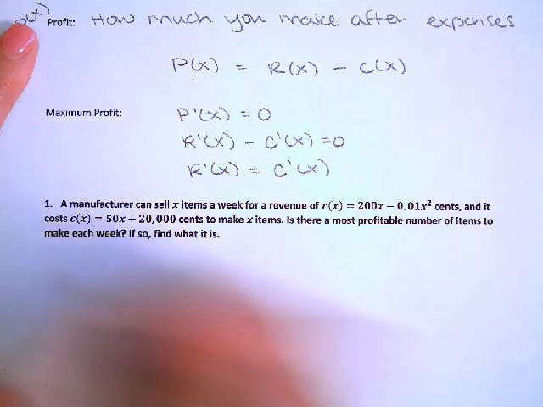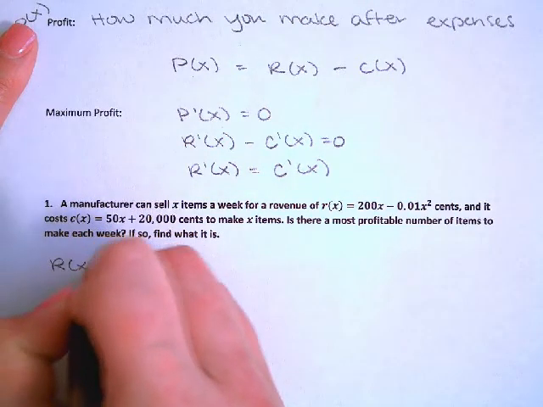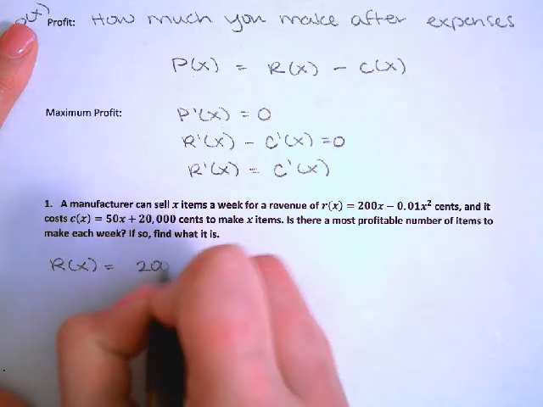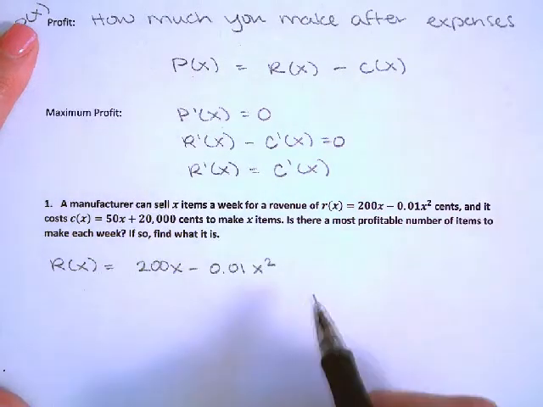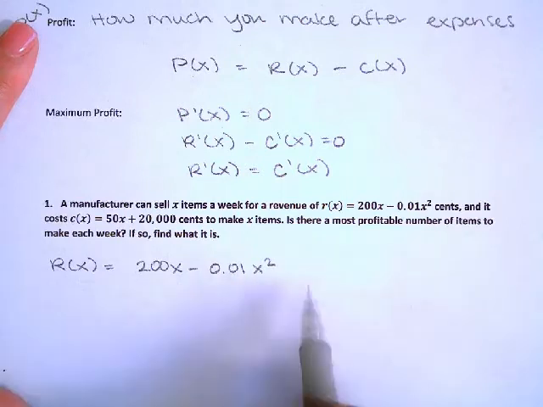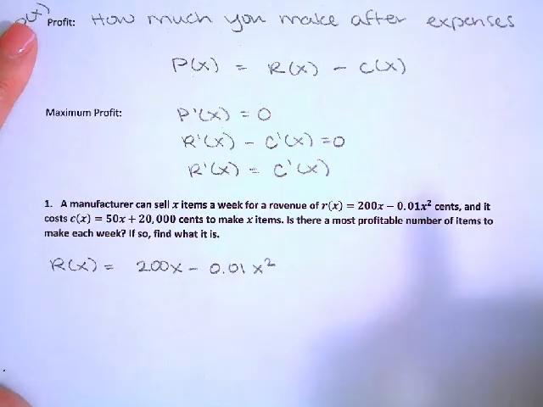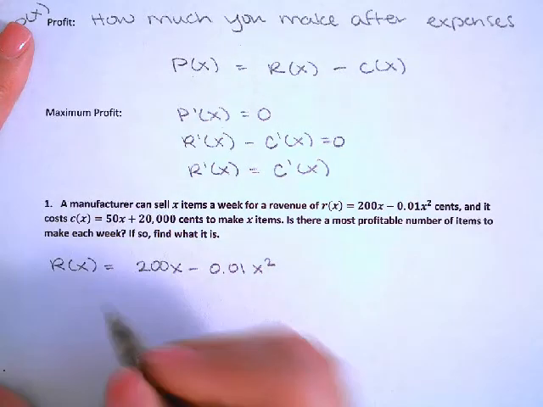All right, so I have R of X was given, 200X minus 0.01X squared. The nice thing about this is that since they gave us R of X, we don't have to do the number of items multiplied by the price. Sometimes the way that they phrase the question, you're given a price and you have to multiply it by X, and that is the subtlety that students miss sometimes.